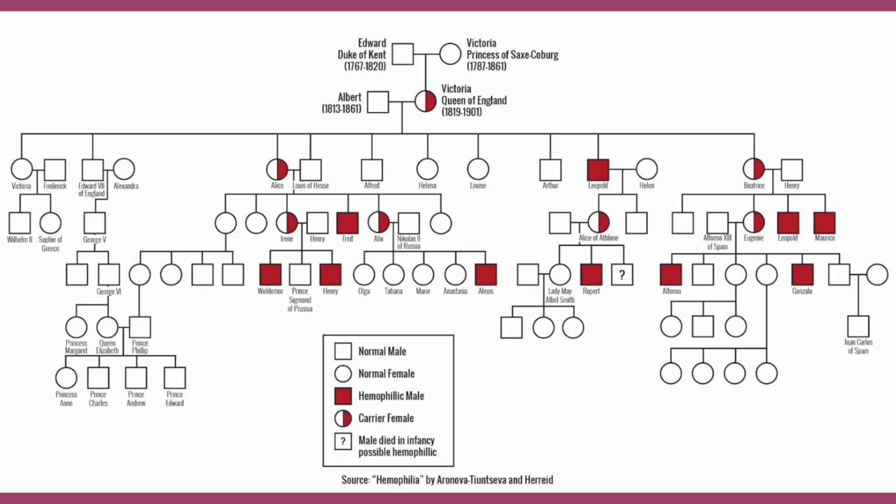Okay, let's look at an example of how hemophilia has passed through the British royal family. You might recognize over here, for example, Queen Elizabeth, who just passed away a few years ago. Prince Charles is now King Charles as of the making of this video. But we're going to look over here at some of their relations in this part of the family tree, also descended from Queen Victoria.